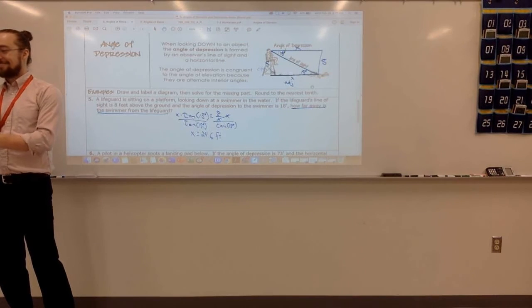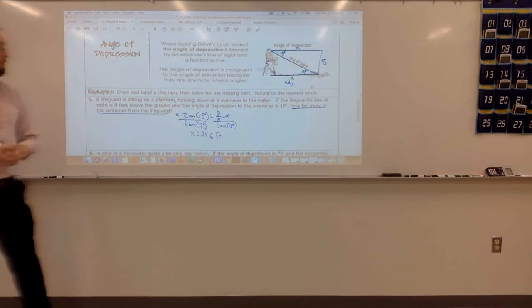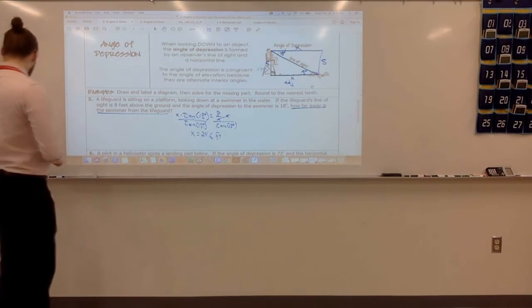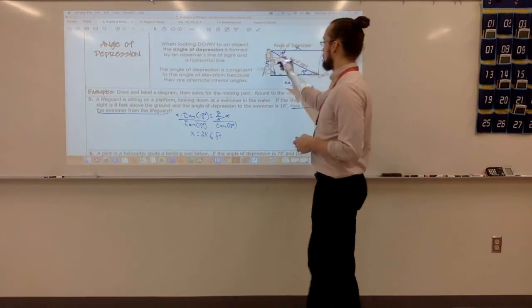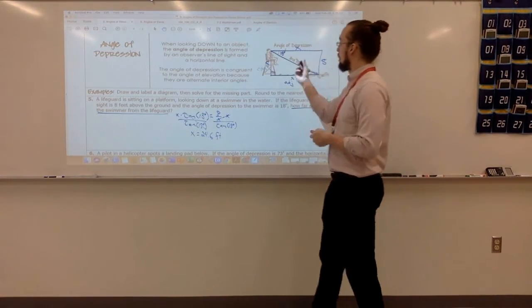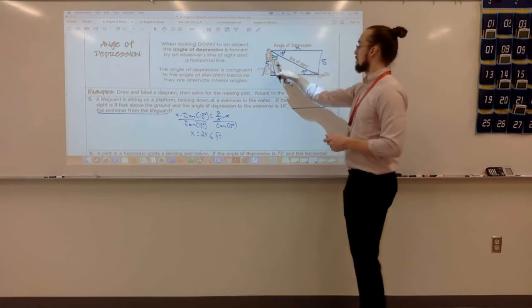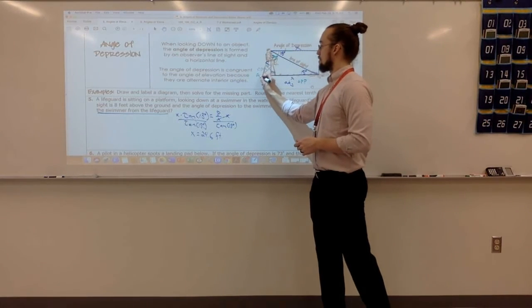I did tangent of 72 degrees equals x over 8, but I got that same answer. Yeah, that would absolutely work, because if we use this angle here, we say this angle is 72 degrees, then with respect to this angle, this is the opposite side, and this is the adjacent side.